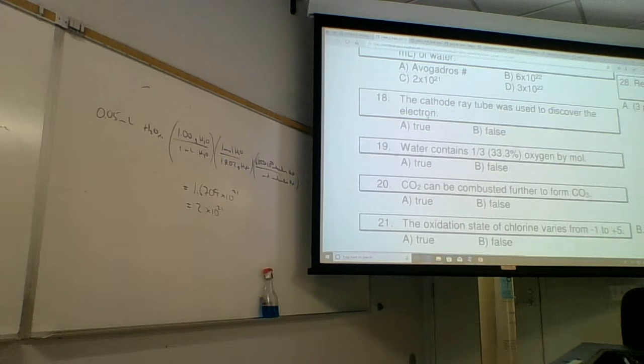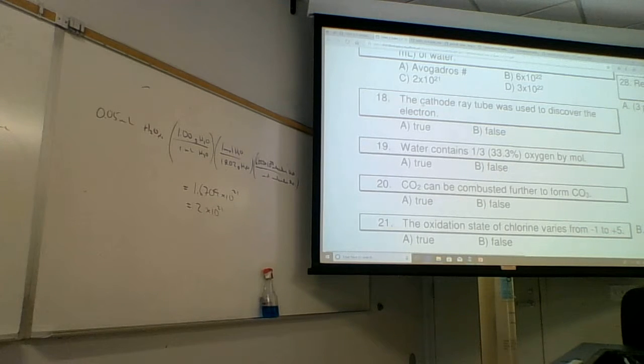18. The cathode ray tube was used to discover the electron. True? No? What was used to discover the electron, if it wasn't the cathode ray tube? The Crookes tube is the cathode ray tube.